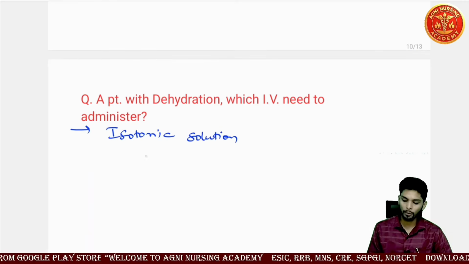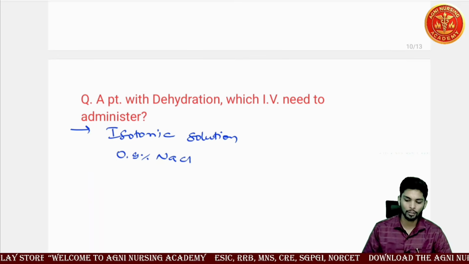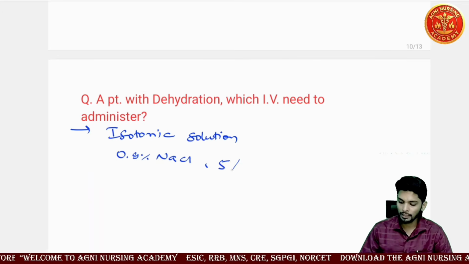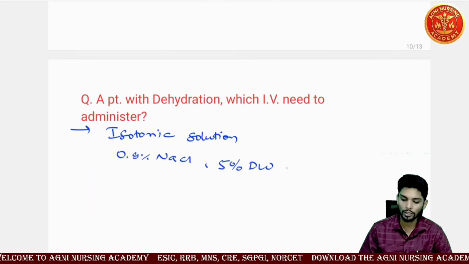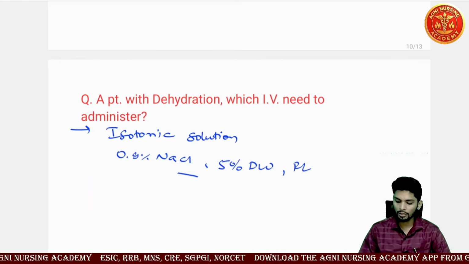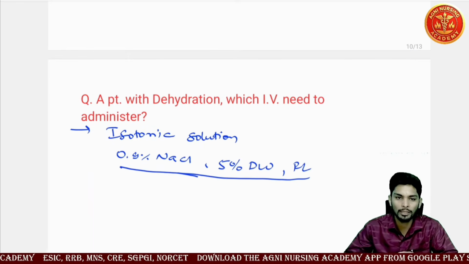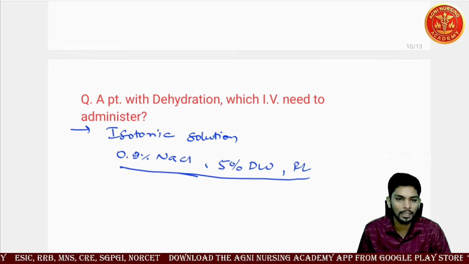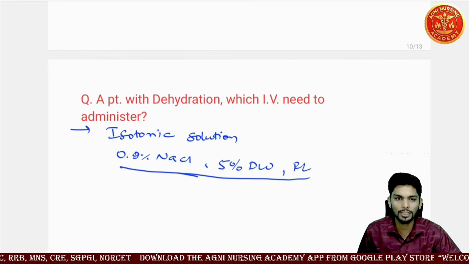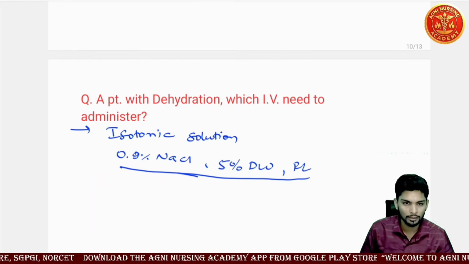In that, mostly 0.9% normal saline will be administered for this patient, or 5% dextrose in water, or ringer lactate. So these isotonic solutions will be given in the case of dehydration. Okay, this much is clear.